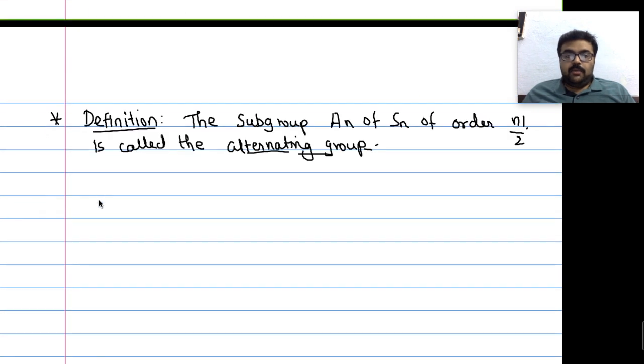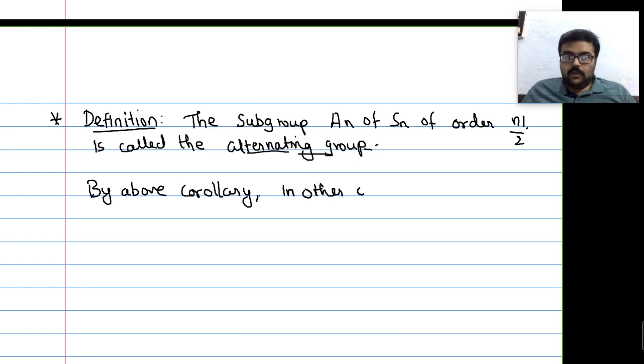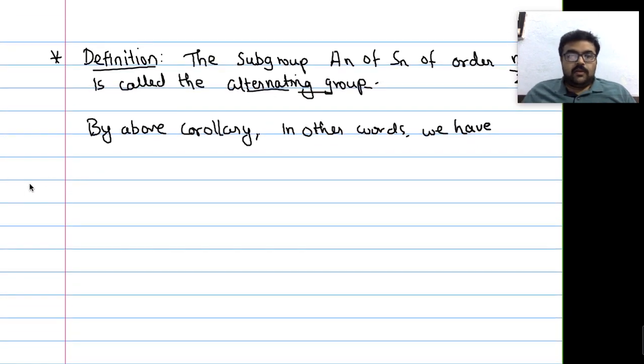So by the above corollary, in other words, we have this result. I can write this as a lemma, which we already proved. There is nothing to prove here. The same thing I am restating here. So Sn has a normal subgroup, An.